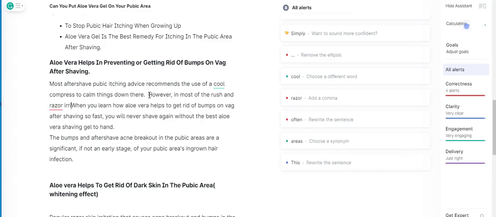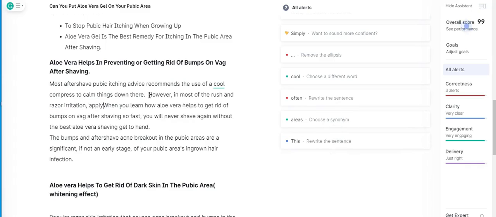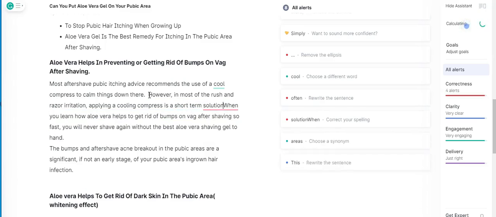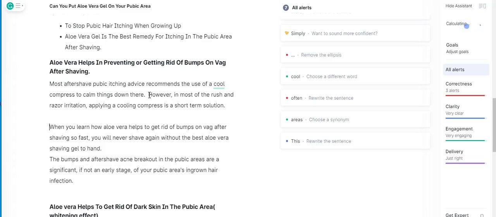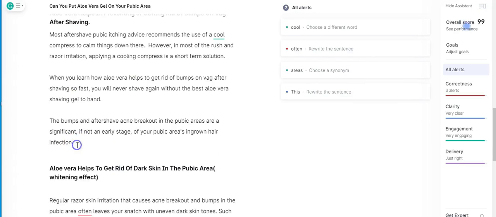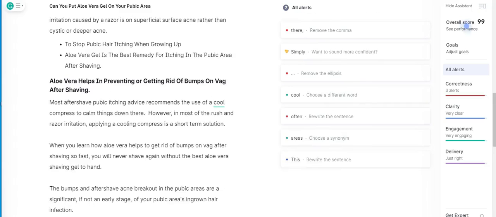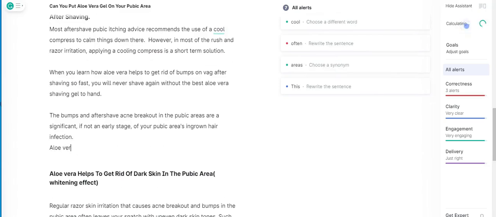That also gets highlighted, that probably you need to look into this because the writing tone is a bit wordy. And when you're using Grammarly, Grammarly helps you to keep that in check as you're writing. So that's really what I wanted to quickly share with you guys.